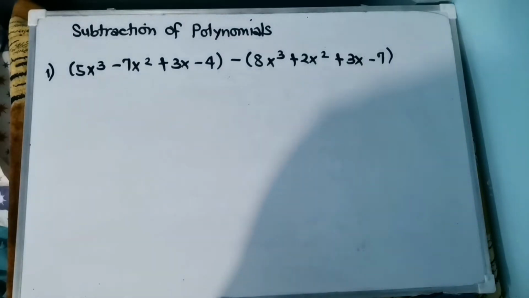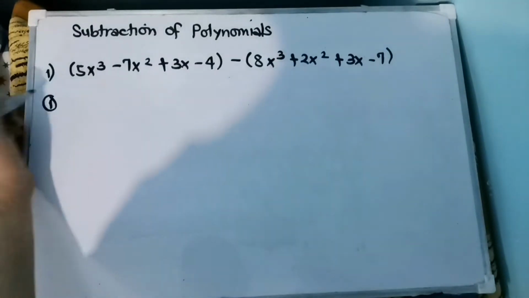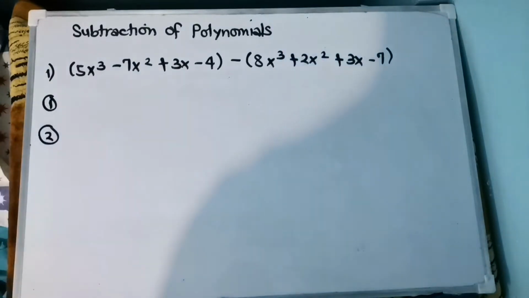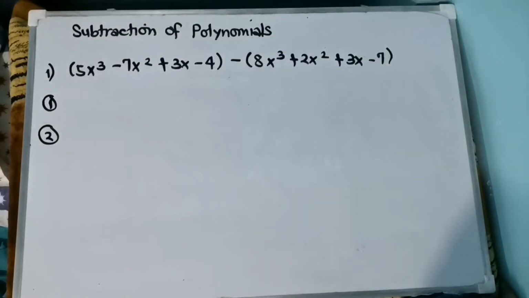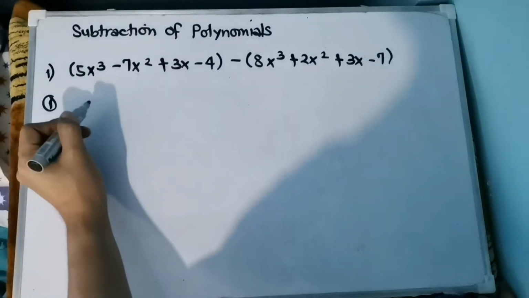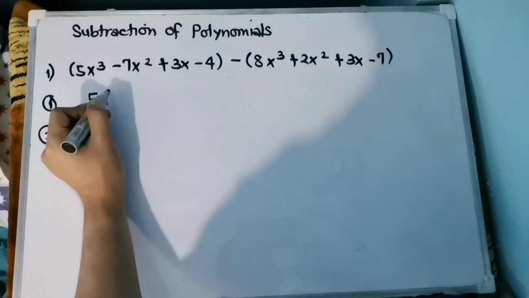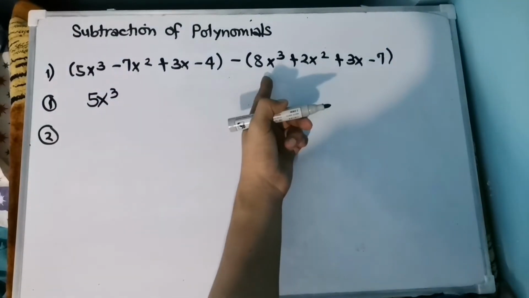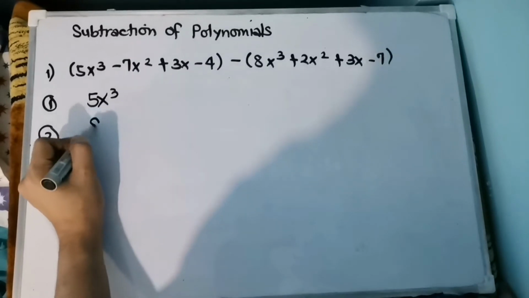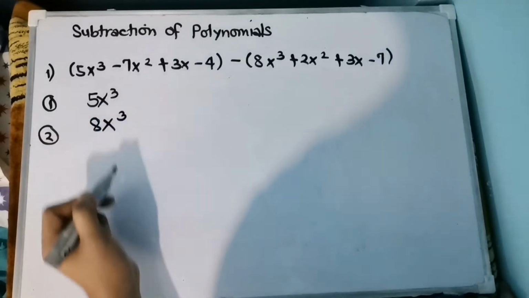Now, let's first identify our similar terms, like what we do in addition. This will be our first polynomial and this will be our second polynomial. We take the highest degree and start there, which is cube. We have here 5x cubed, and its like term is 8x cubed.